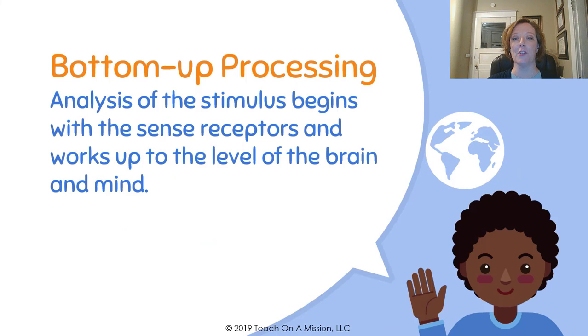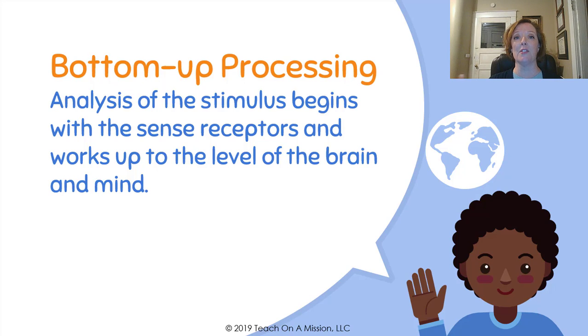So there are a couple of ways of processing the information. The first one is bottom-up processing. This is how we analyze the stimulus, beginning with the sense receptors. So the information actually landing inside the sensory receptors. They're in different parts of your body, and then those sensory receptors send the message to the level of the brain and the mind.